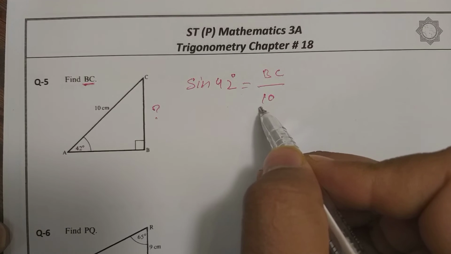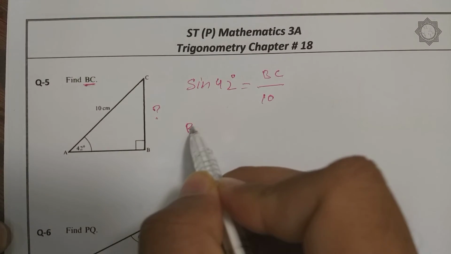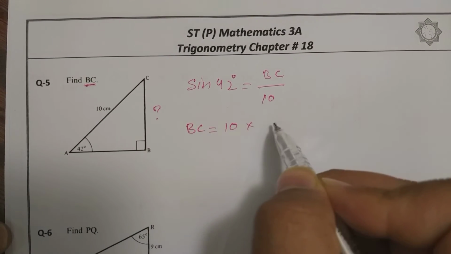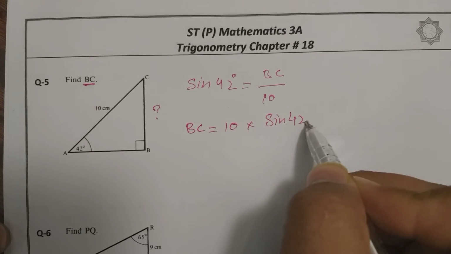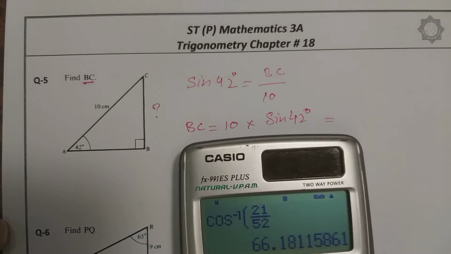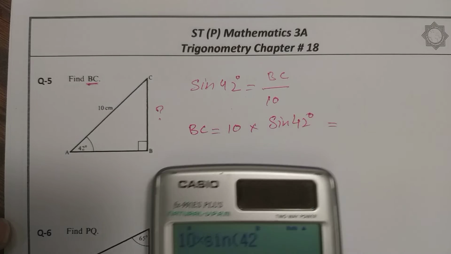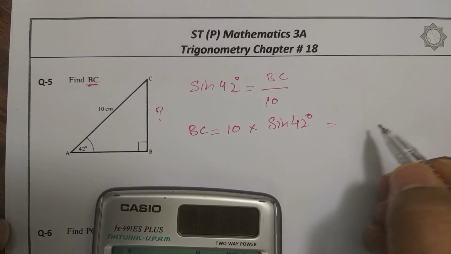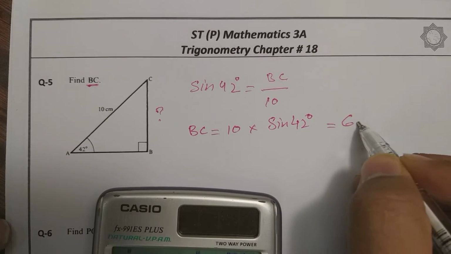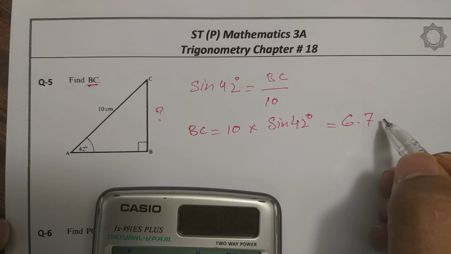So division, when transferred to the other side, becomes multiplication. So BC equals 10 times sine 42 degrees. Simplify it, it becomes 10 times sine 42, which is 6.69. I'm making it one decimal place, so it becomes 6.7 centimeters.